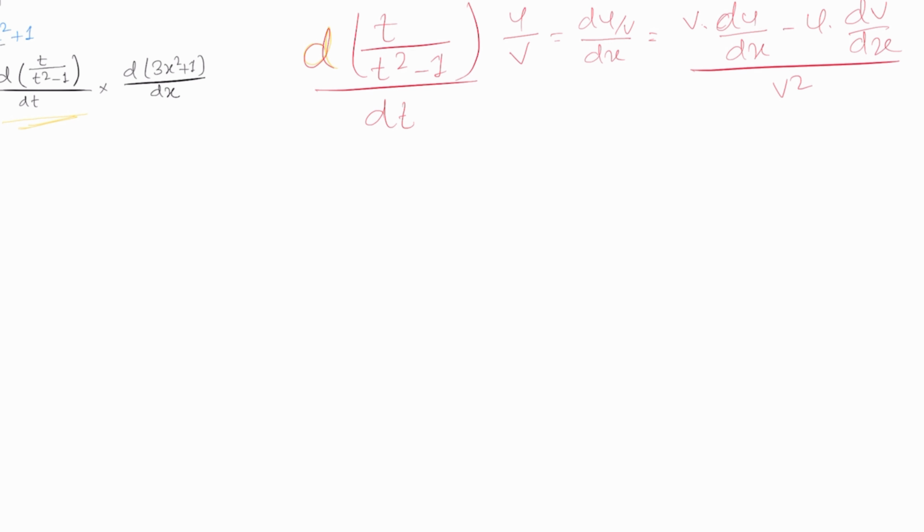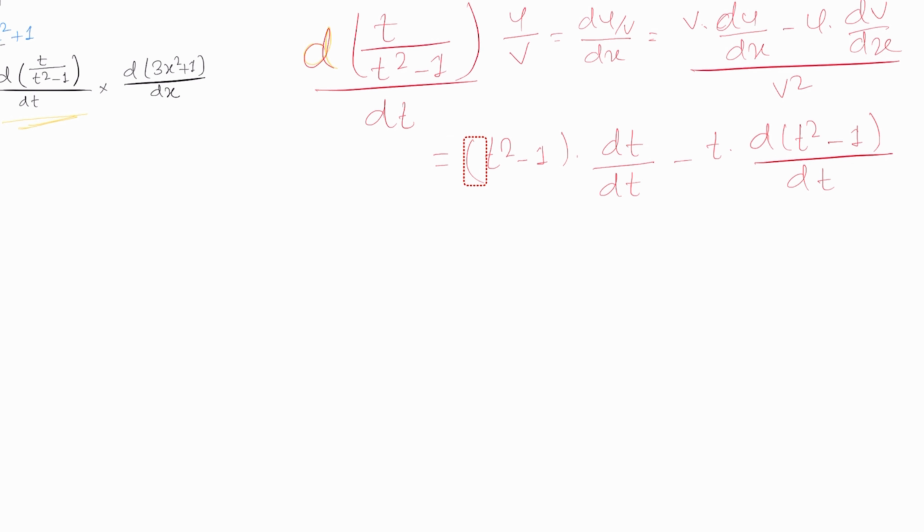So we will use this formula here. So we will have v means t square minus 1 times dt upon dt, minus u, t, times d of t square minus 1 upon dt.